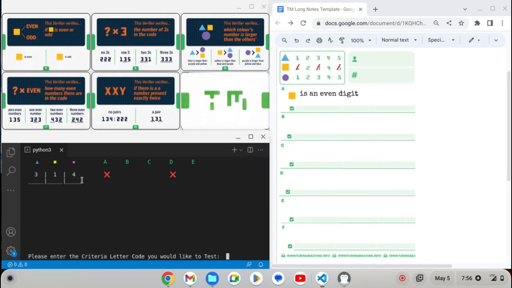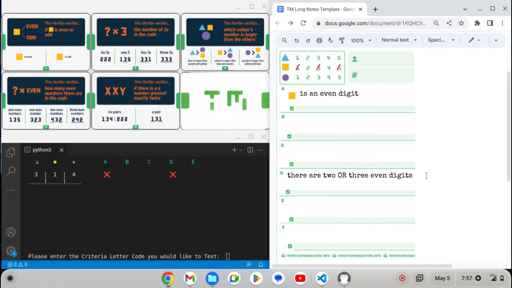The Turing Machine just told us that 1 is insufficient. So that means that criteria D tells us that there must be at least 2 or potentially 3 even digits. So there are 2 or 3 even digits.